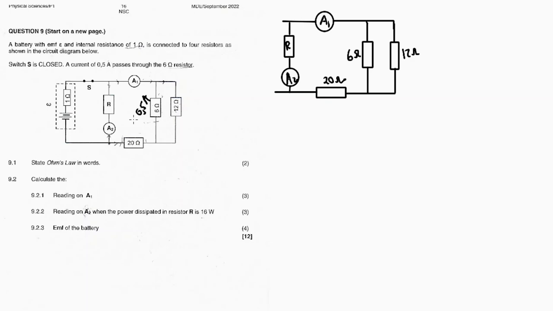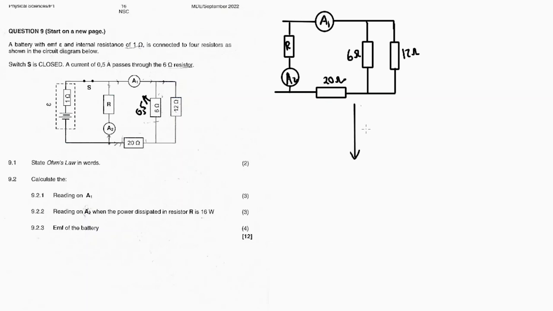It's basically the same as this one, right? So what I want to explain, I want to start by explaining that this parallel connection of 6 ohm and 12 ohm is actually in series with the 20 ohm resistor.